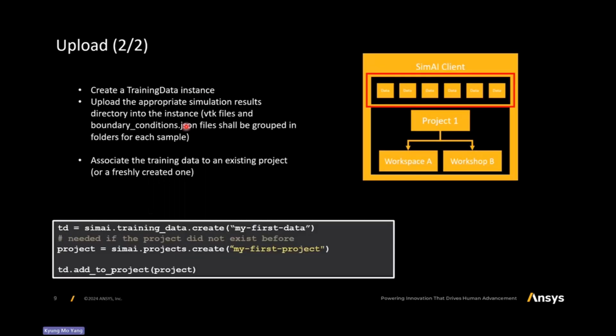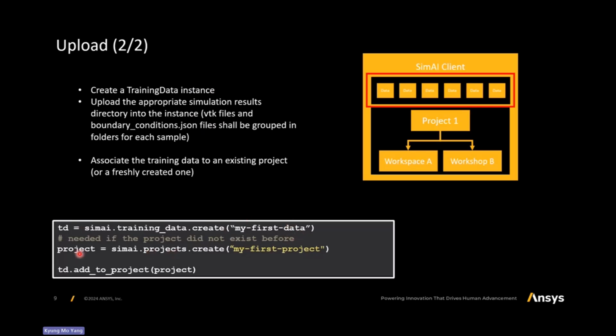So how do you do that with PySimAI? You're looking at the upper part of this schema, and what is happening is, first of all, you're going to take your client and create different training data. You're accessing training data, and you're going to say, I'm going to create one training data, which is called my first data.